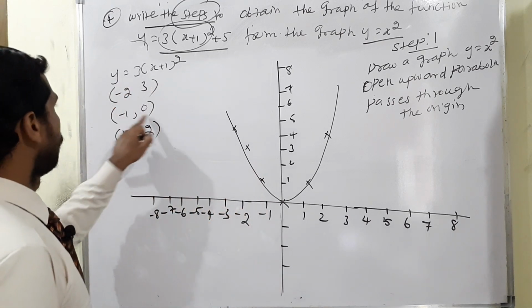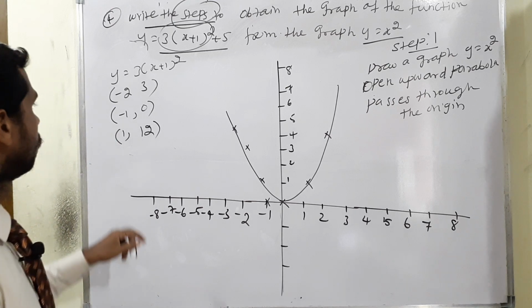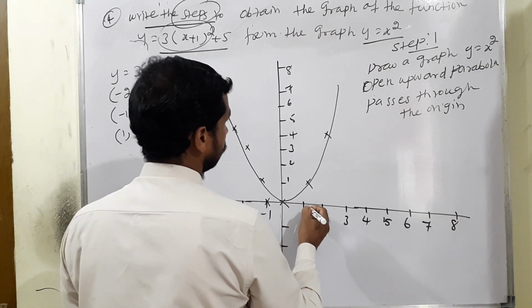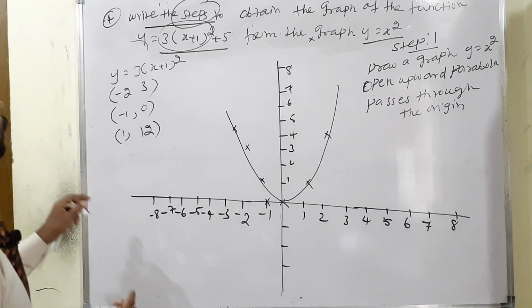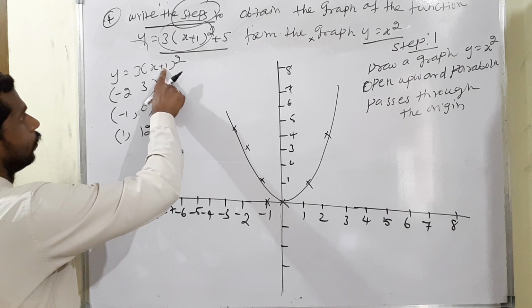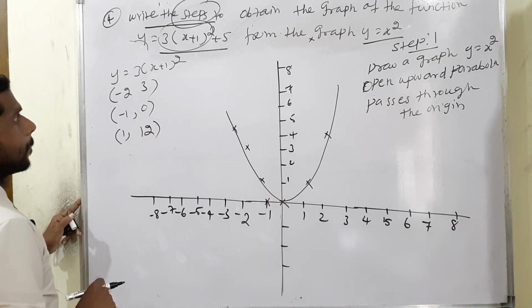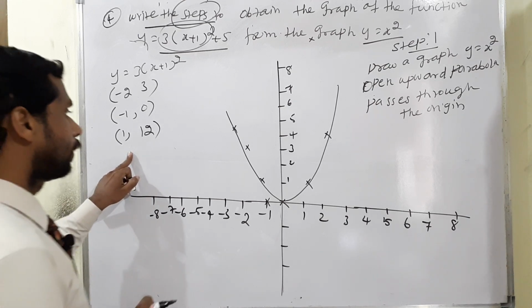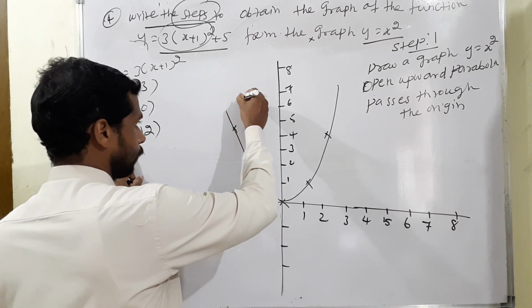Next case, minus 1 comma 0. Then 1 comma 12. 1 plus 1 is 2, 2 square is 4, 4 threes are 12. Then this is a little bit different, isn't it?